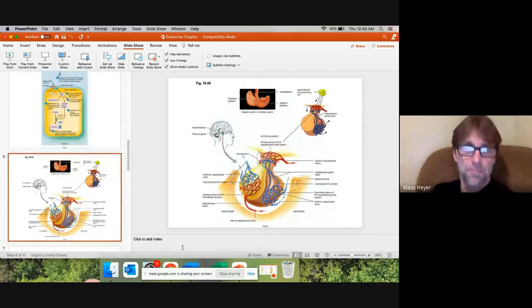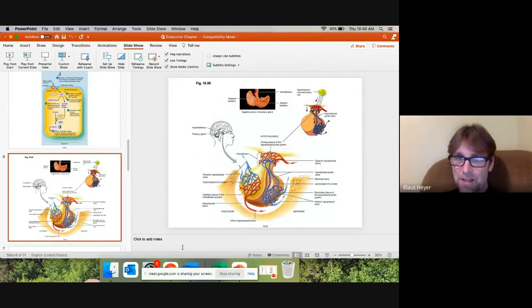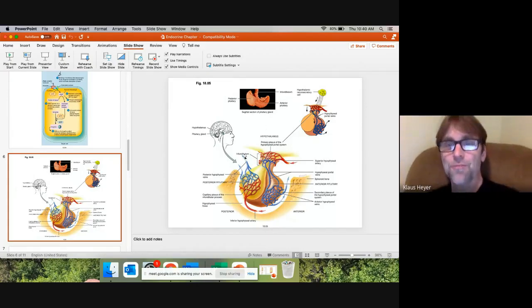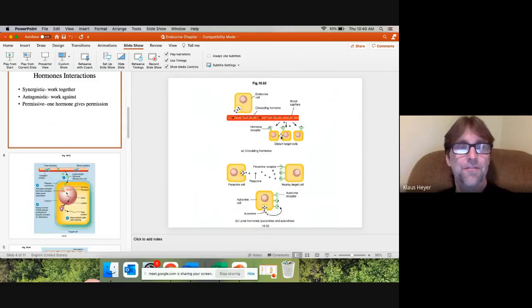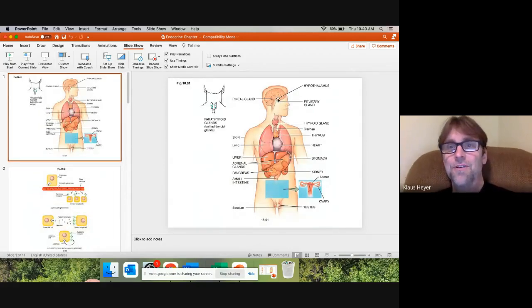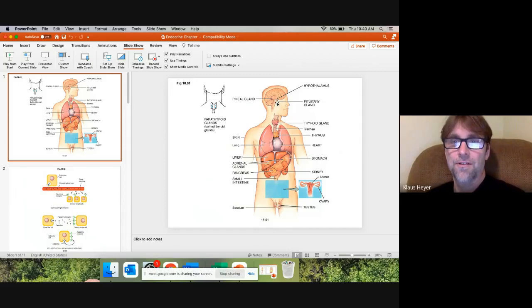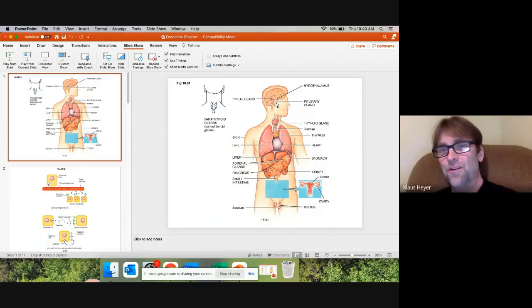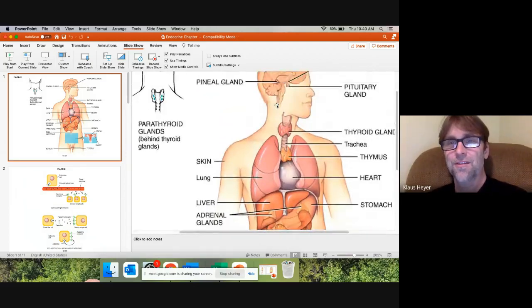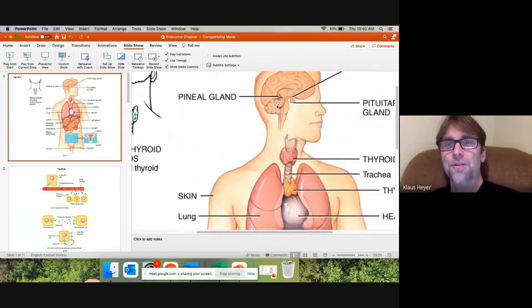So now we're going to move on. This is the pituitary gland and the hypothalamus. They're not really showing you the hypothalamus here. So when we go back to that first slide, up here, that pituitary gland hanging down there, right? It looks like it's hard to see, but there's 2 lobes on it.